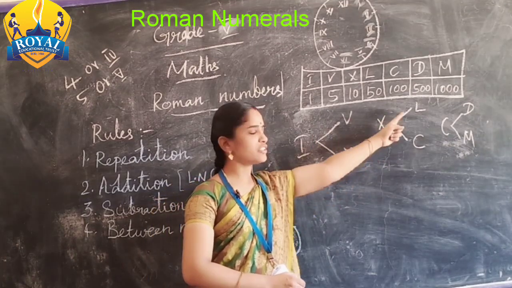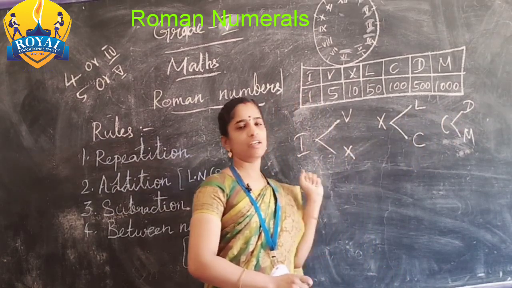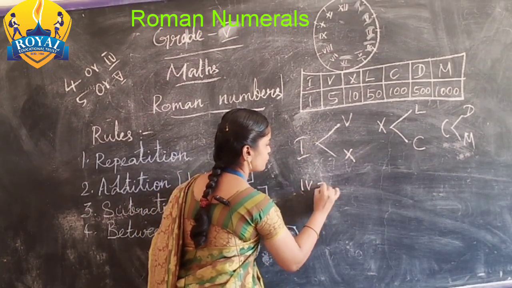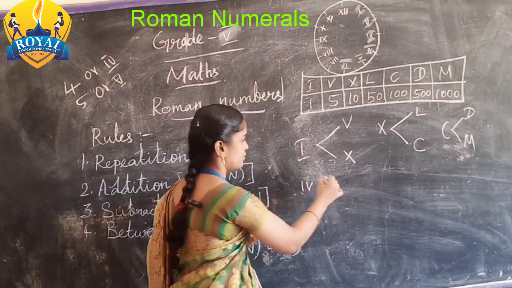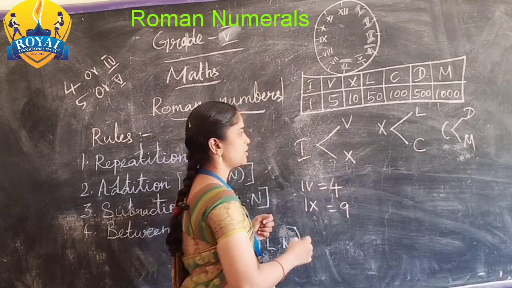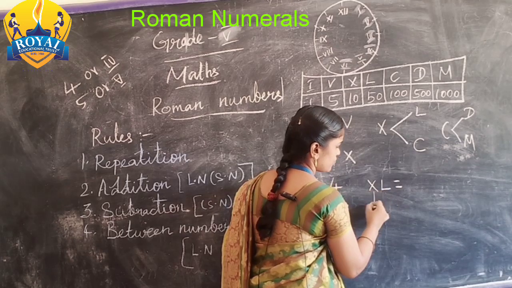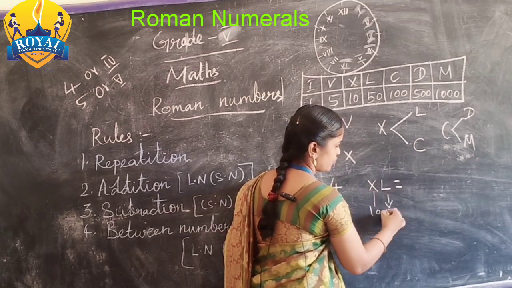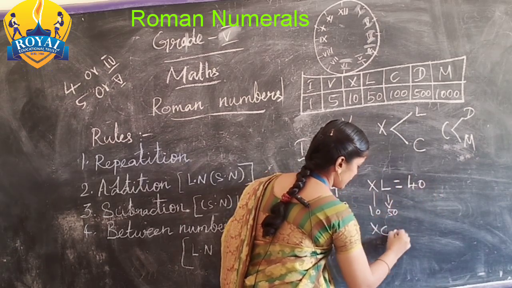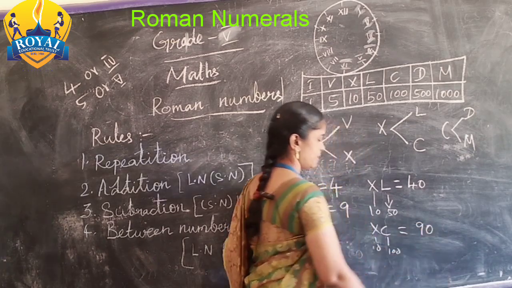X is subtracted from L and C only, and C is subtracted from D and M only. Don't forget. For example, IV is equal to 4, and IX is equal to 9. The next one, XL: X indicates 10 and L indicates 50, so 50 minus 10 is 40. The next one, XC: X indicates 10 and C indicates 100, so we get 90.